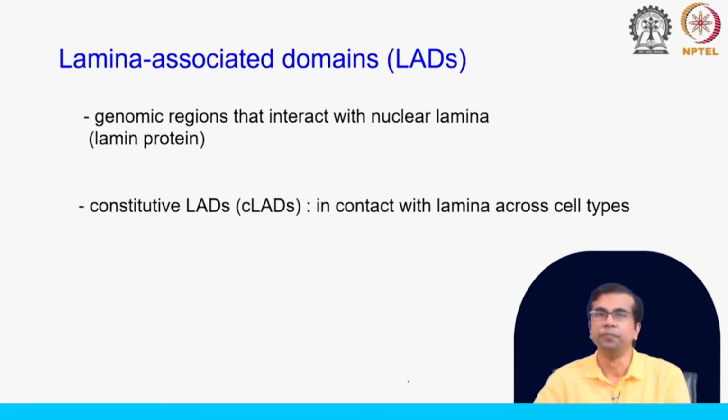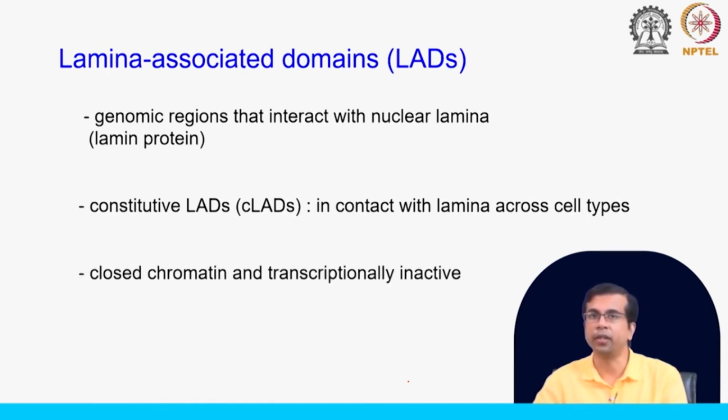If you study these regions across different cell types, you will see that in all cell types these regions are in contact with lamina, and these are mostly closed chromatin and transcriptionally inactive. And then you have something called facultative LADs or fLADs. These are regions that are in contact with lamina in some cell types and not in contact in some other cell types. So, this is not like constitutive LADs.